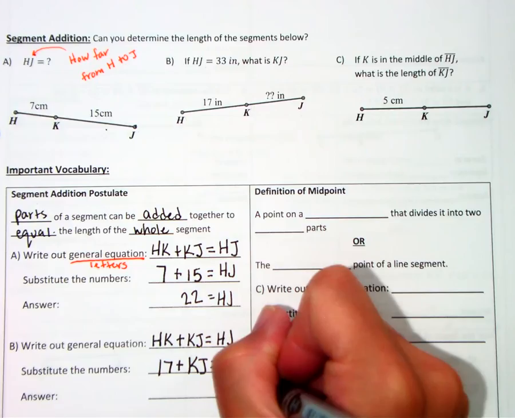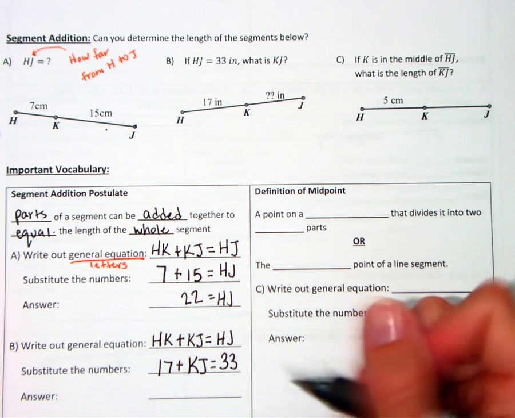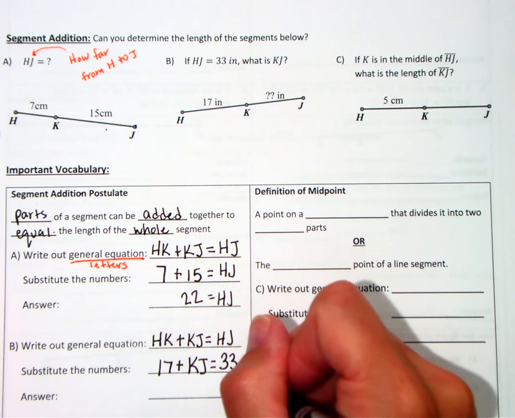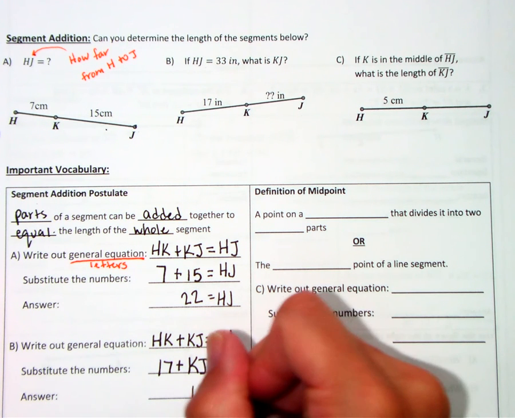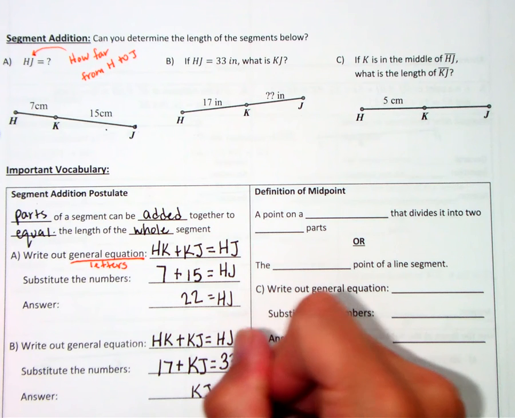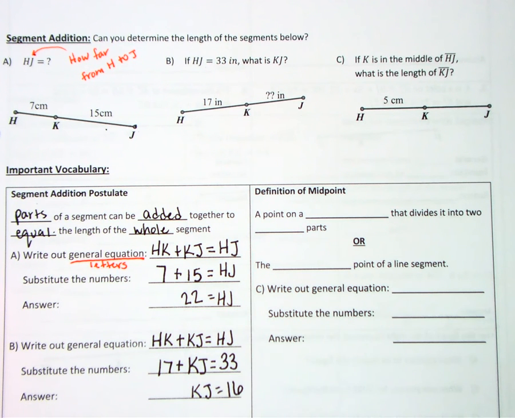Now I can solve and find my answer. If I subtract 17 from both sides, I get that KJ is equal to 16. That gets you to your level 1. We're going to turn the page and kick it up a notch to level 2, where we actually throw in some algebra.